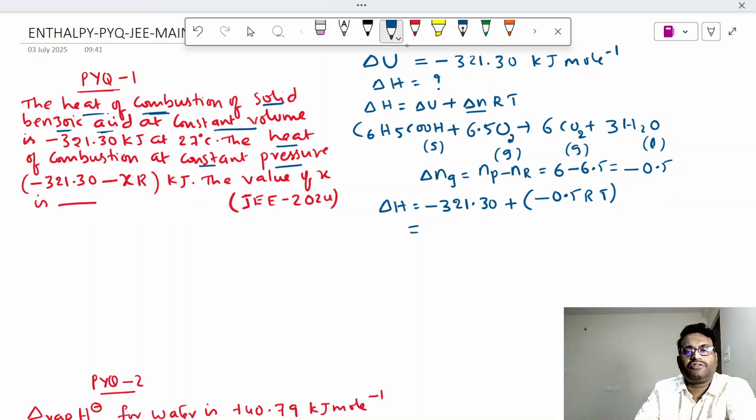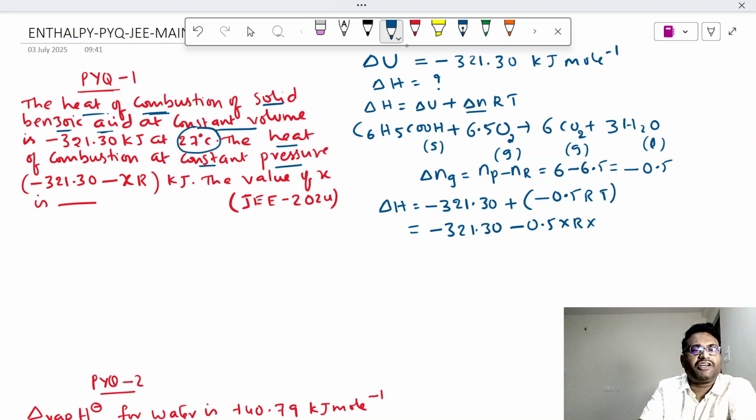So that is equal to minus 321.30 minus 0.5 into R into temperature, already given here as 27 degrees centigrade. If you convert 27 degrees centigrade into Kelvin, then we get 300 Kelvin.